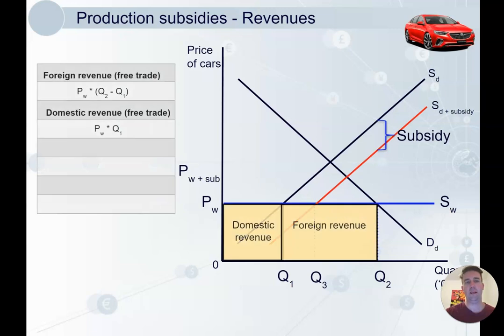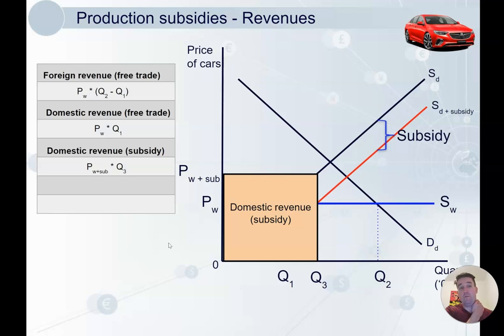We're going to get up a little table again, right? This is fun. So foreign revenue with free trade is that world price times the imports, Q1 to Q2, right? And domestic revenue under free trade is just the quantity that domestic producers are willing and able to make at that low price, multiplied by that low price.